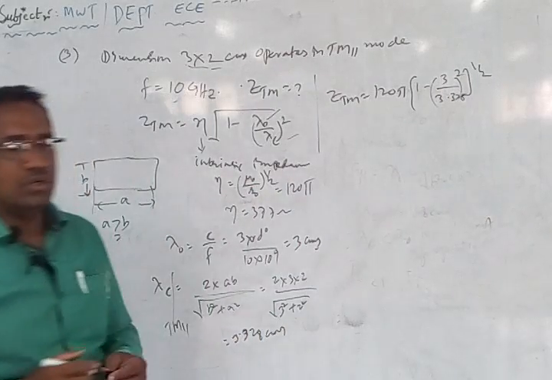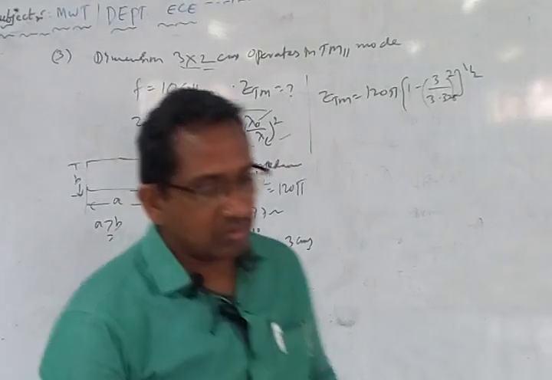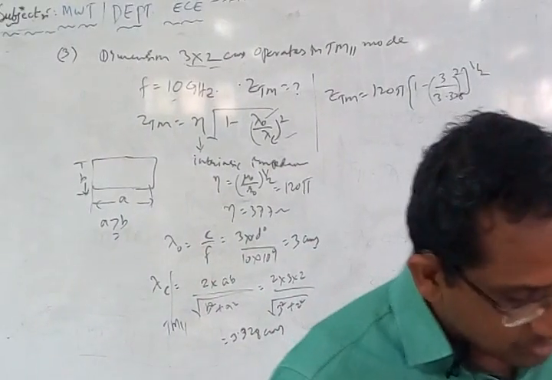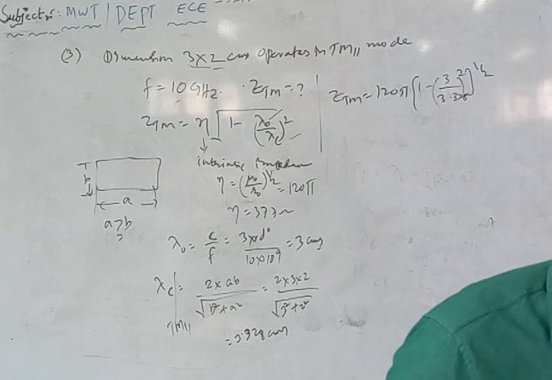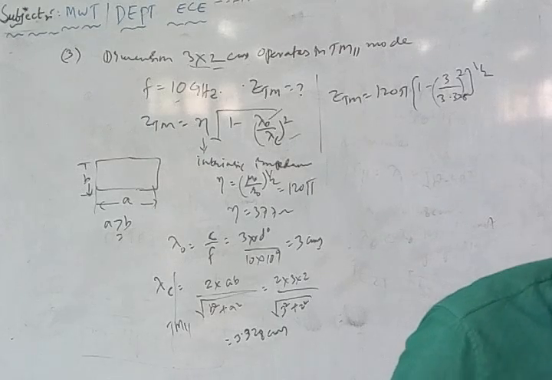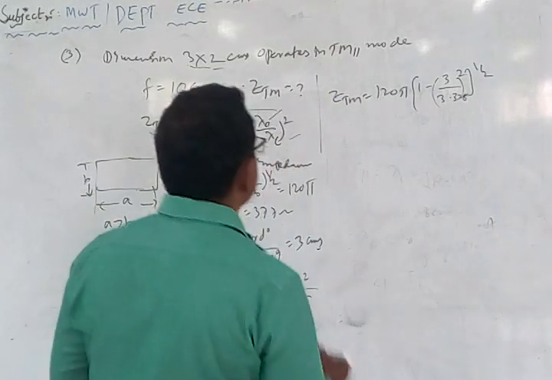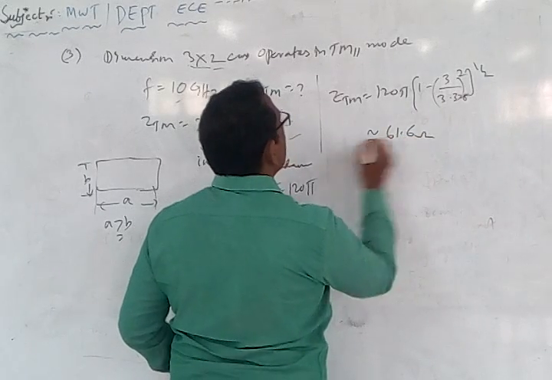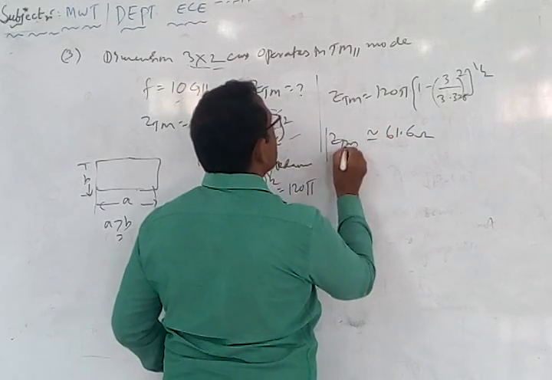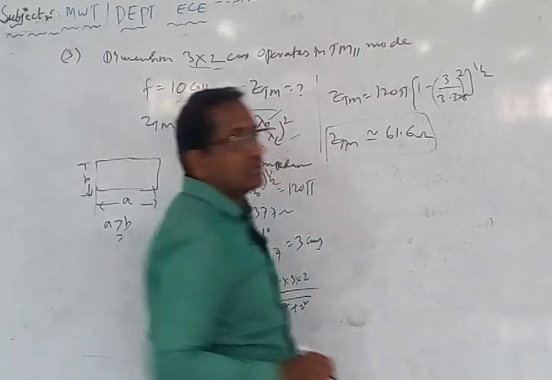So that is the value that we are normally going to have. Once you compute that value, you are going to get approximately 61.6 ohms. So that is the characteristic impedance of the waveguide.